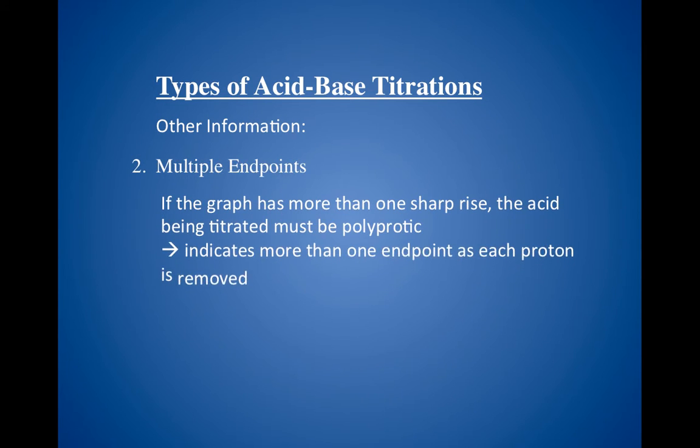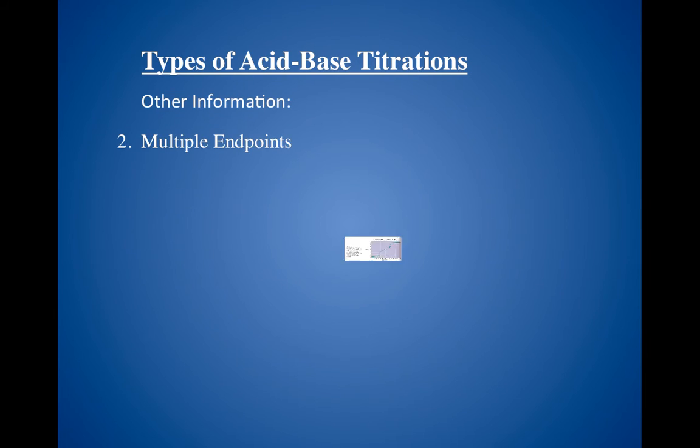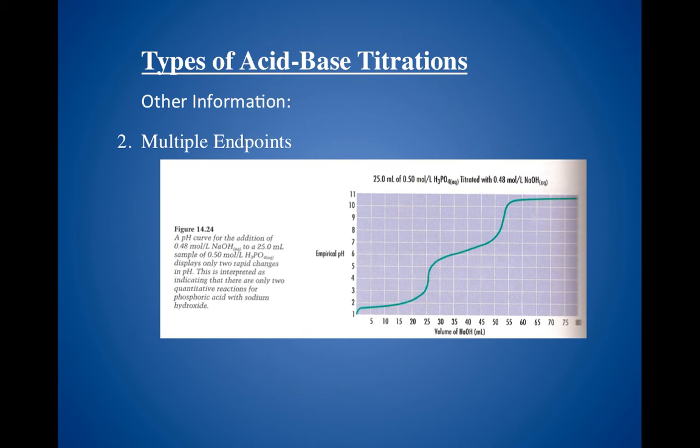Sometimes we have more than one endpoint, and that means we have more than one sharp rise or sharp drop. And that's when we have something that's polyprotic or polybasic. So in this case, we are adding base to an acid, and you can see the acid is H3PO4. Here is our first endpoint, and we're taking the first proton off H3PO4.